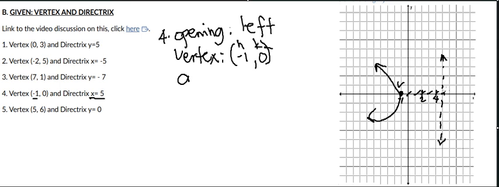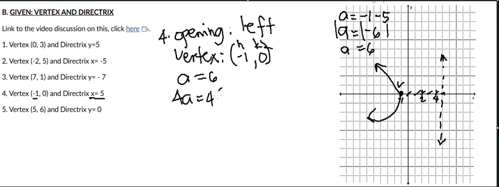We can also verify that by getting the difference between the x values, because our directrix is x. So negative 1 minus 5, our a is negative 6. Get the absolute value, our a is 6. So 4 times our a, which is 6, is 24.